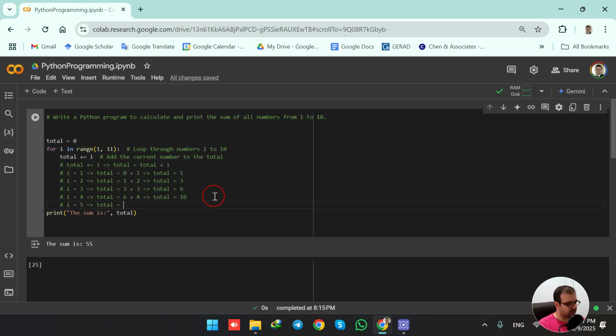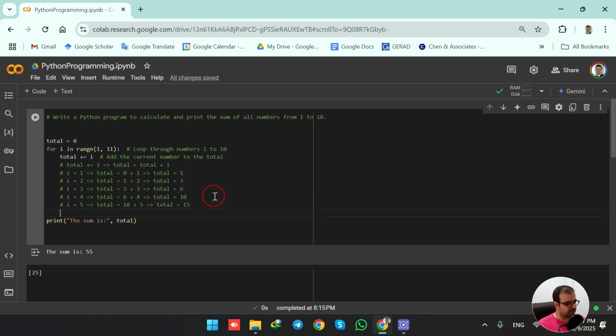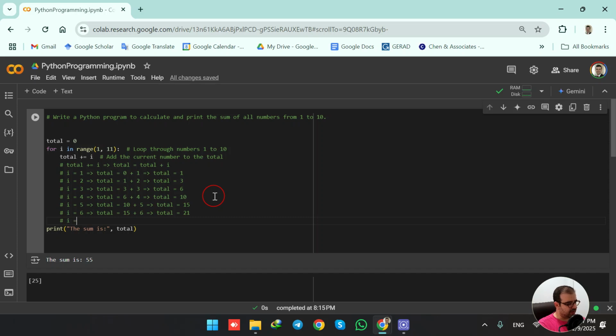Then I equals 5. We have total equals 10 plus 5. So total would be 15. Then I equals 6. Total equals 15 plus 6, so total equals 21. Then I equals 7.